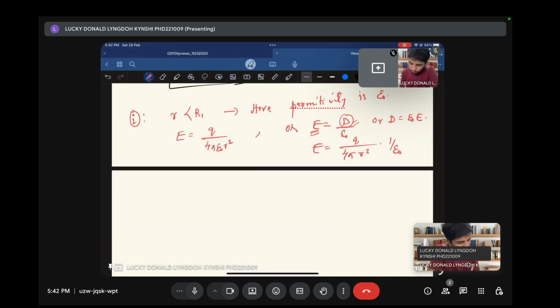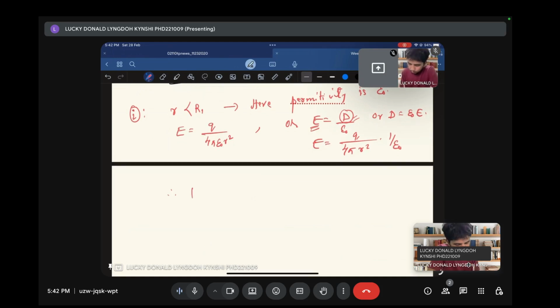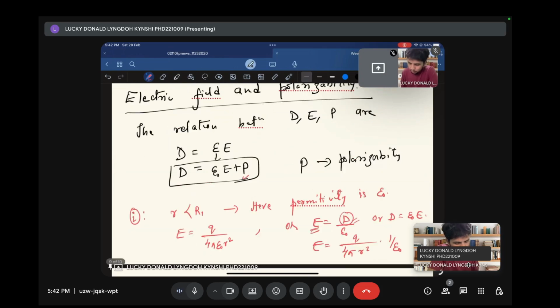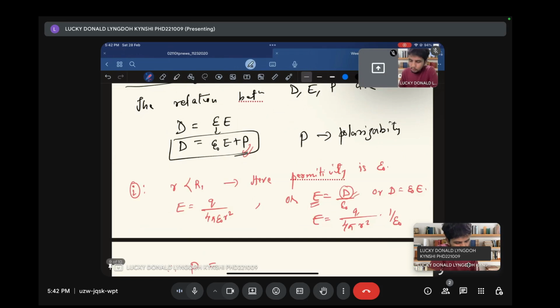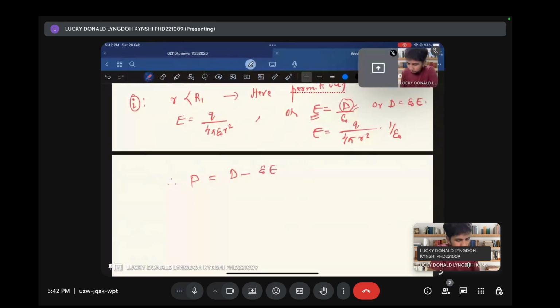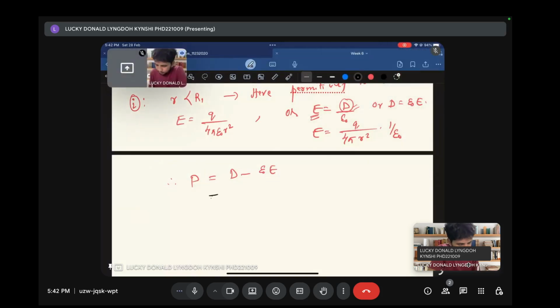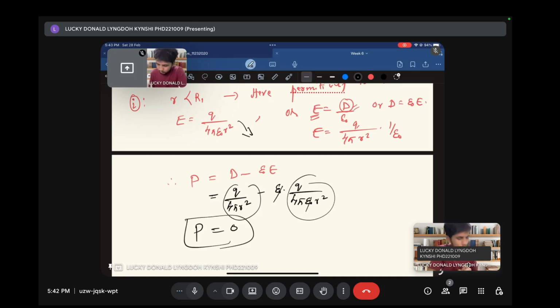Polarizability is equal to, if you look at this equation, D minus epsilon naught E. So D is q divided by 4 pi r square minus epsilon naught times the electric field, q divided by 4 pi epsilon naught r square. Epsilon naught gets cancelled, and you get 0. That means in region 1, polarizability is equal to 0.